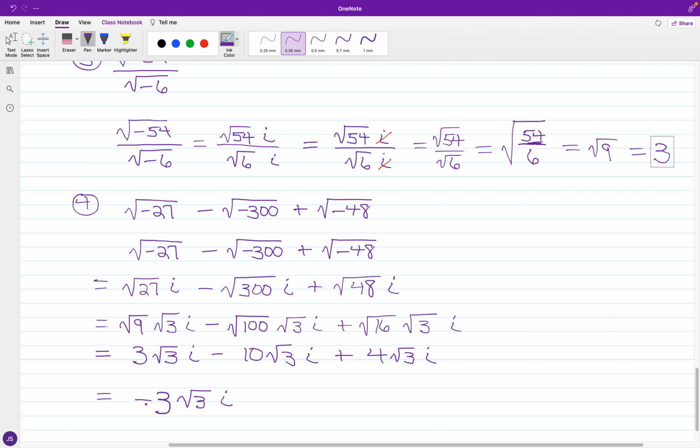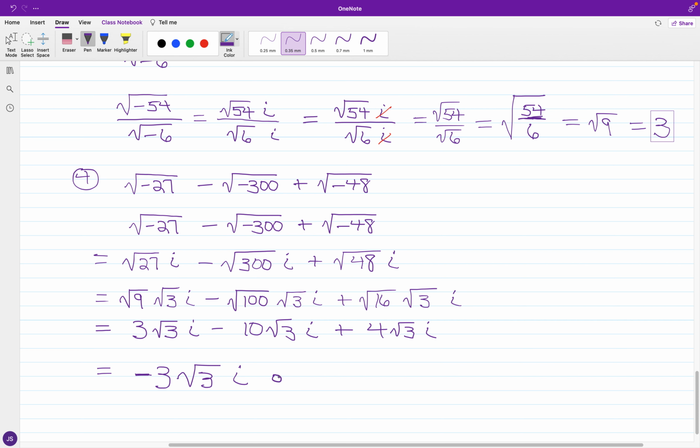So we can say for the outcome, we have -3 times the square root of 3i. And another way that you could express this is to have the i in front of the radical. So you can say either -3 times the square root of 3i or -3i times the square root of 3.